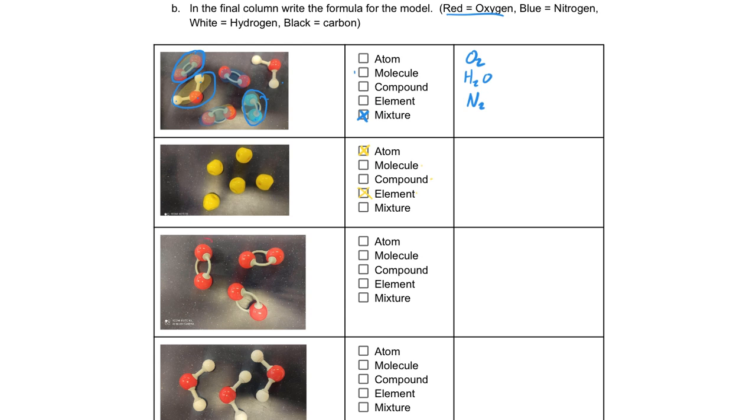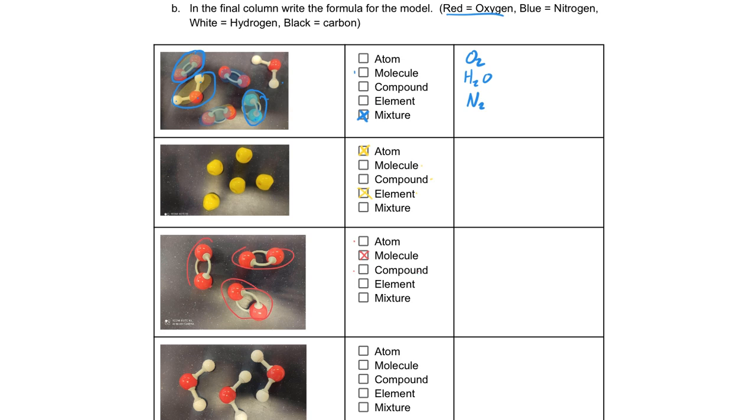Here I see 3, but they're all exactly the same. So it's not an atom because they're not individual. It is a molecule because I have atoms that are bonded together. It is not a compound because they are not different types of atoms. Remember, that's the difference between a molecule and a compound. A molecule is more than one atom, period.